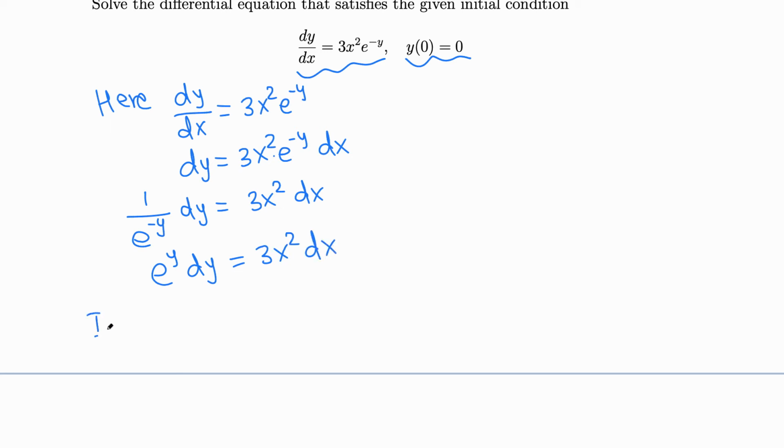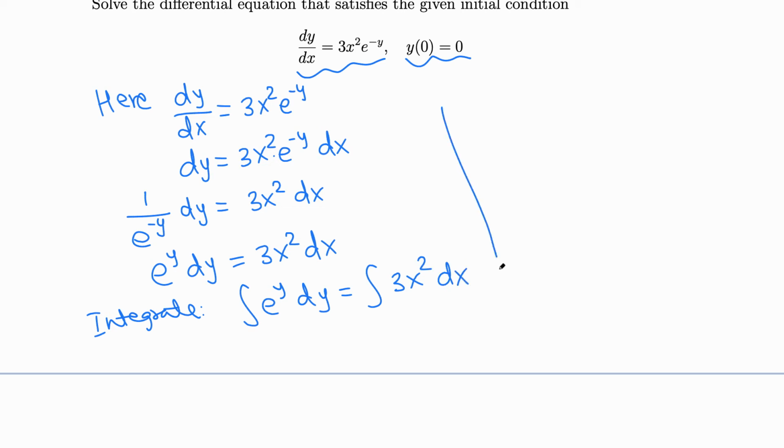Now integrate. After we separated the variables, function of y dy equals function of x dx, we integrate. The antiderivative of e to the y is just e to the y, equals the antiderivative of 3x squared, which is x cubed.